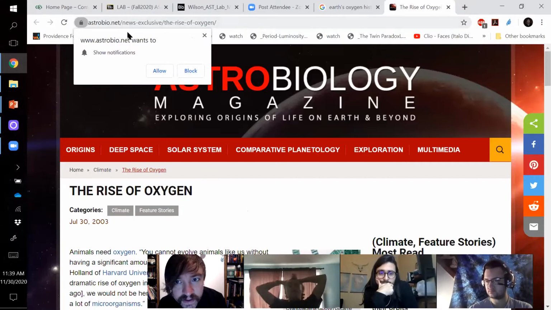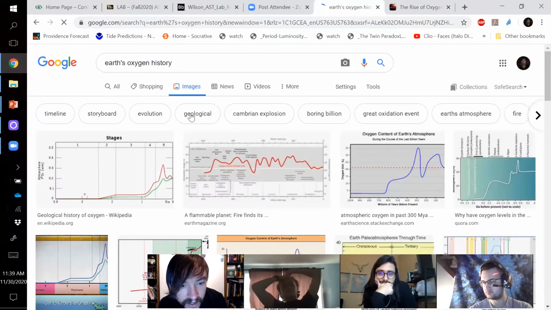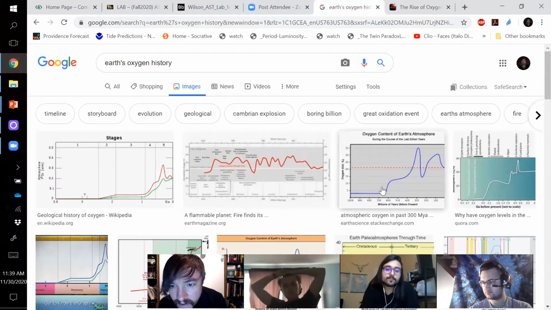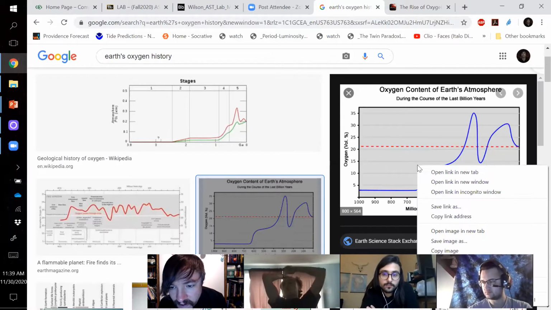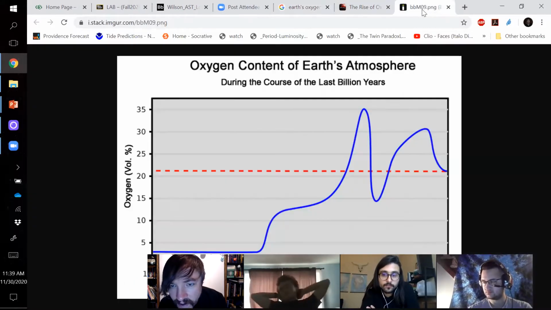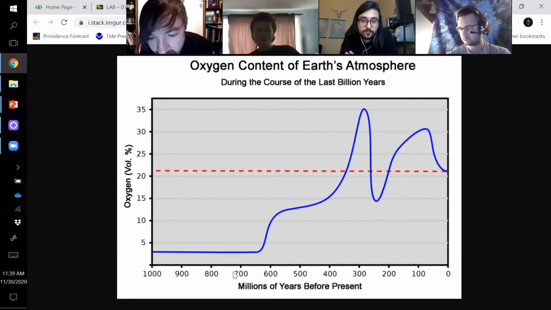Let's look for the image of a plot. This is a plot of the amount of oxygen in Earth's atmosphere over the last billion years, right?